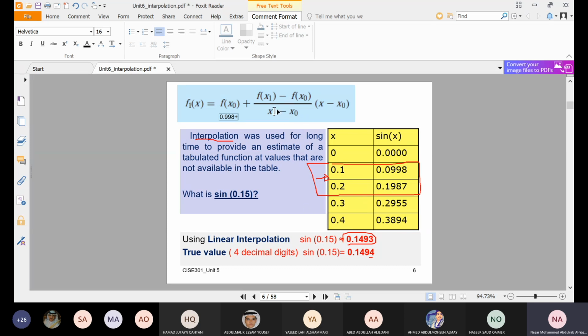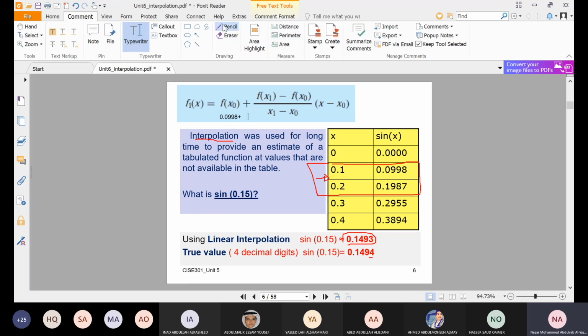We use this interval. What's the value? Yes, it is 0.0998. But doctor, it's supposed to be 0.